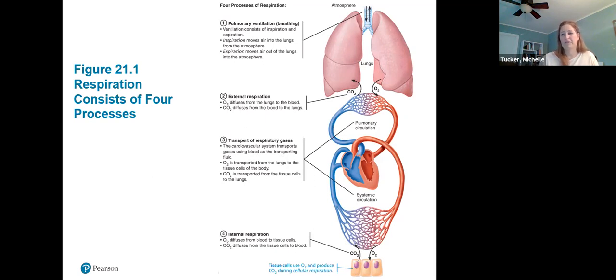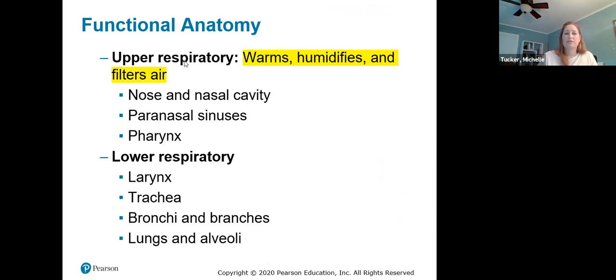We'll go into all of these in much greater depth next week. The respiratory system starts off with the anatomy and then kind of goes towards gas exchange and things like that. So I'm just going to introduce you to the upper respiratory tract, save the lower respiratory tract for next week, as well as gas exchange.